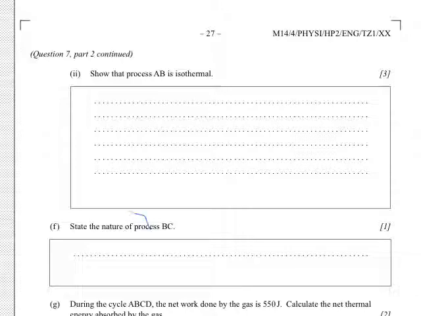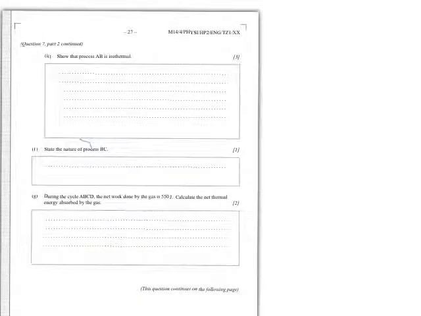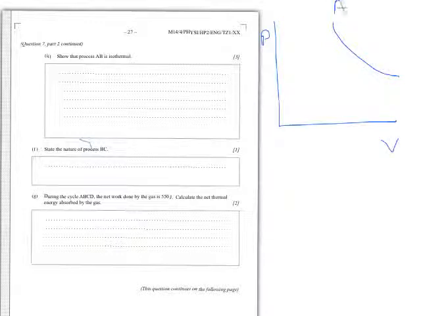So I'm going to make some space here and we'll sketch the graph. In this we have P and we have V, and those two positions, A and B. We should show, using the ideal gas equation, we know that PV over T for any gas is constant.